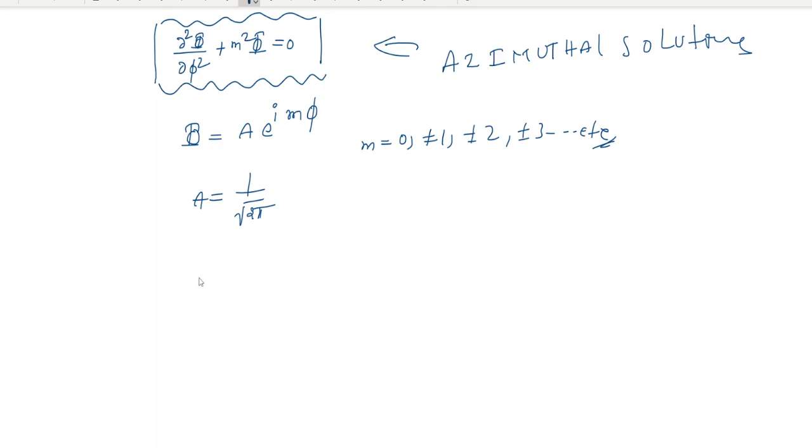Therefore, the final wave function solution: pi equal to 1 divided by root of 2 pi e power i m. So this is our equation number 8.